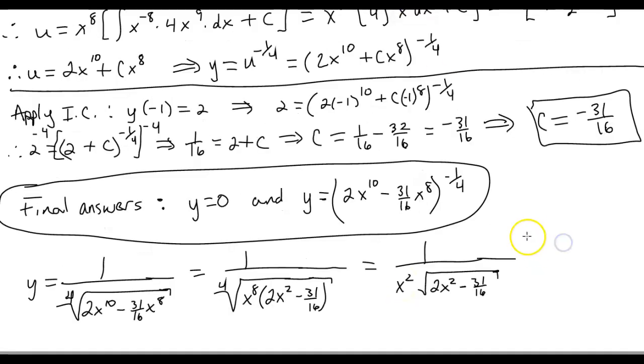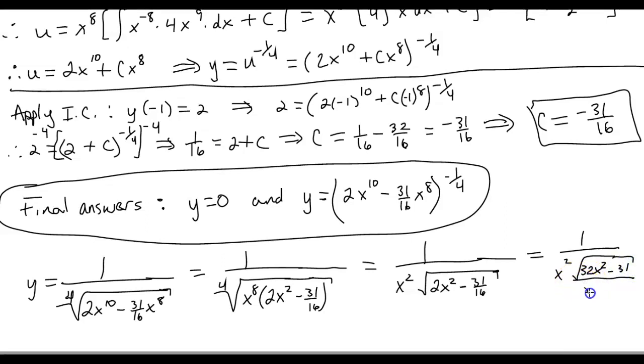All right, so if you want to go just a little bit further, then just know here that we could rewrite this 2x squared as 32x squared over 16. And if we did that here, so 32x squared, it'll be minus 31.